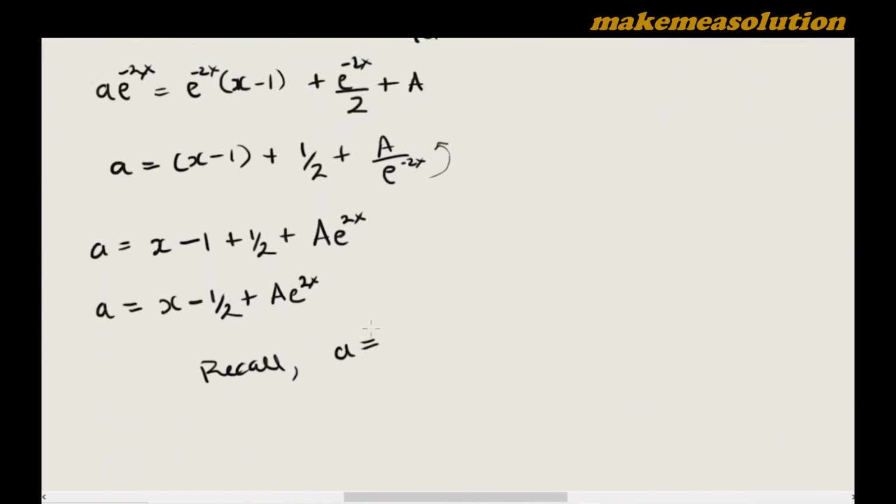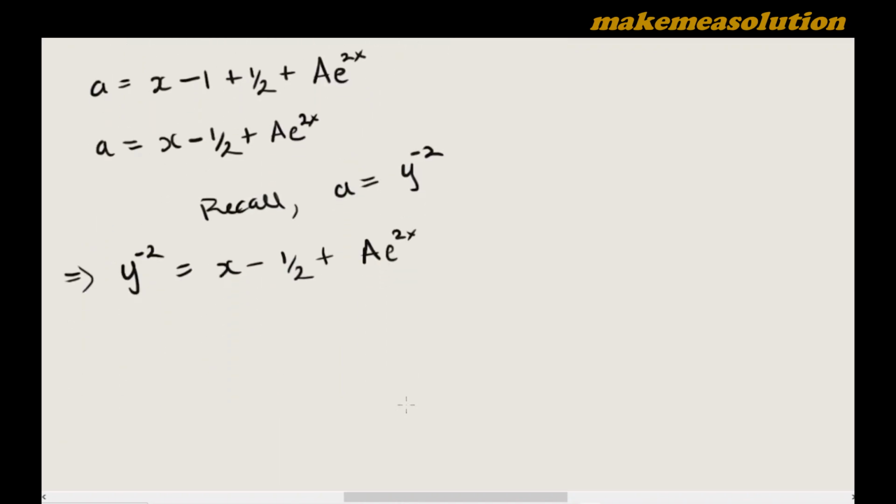So in other words, y to the power of minus 2 is equal to x minus 1 over 2 plus a exponential 2x. So one person can give his answer in this way: 1 over y squared is equal to x minus 1 over 2 plus a exponential 2x.